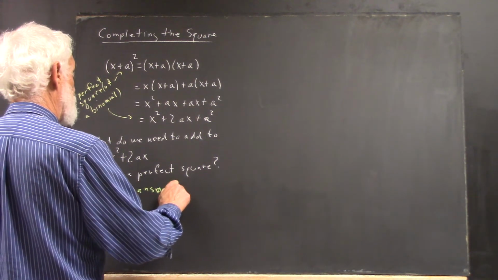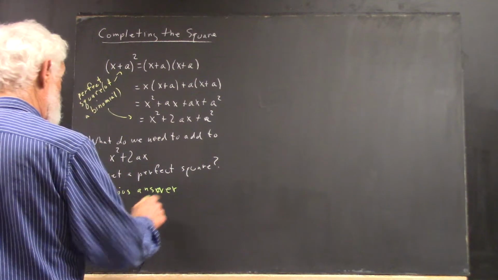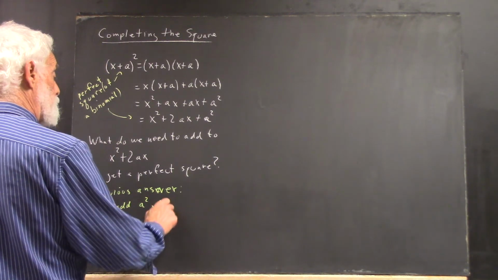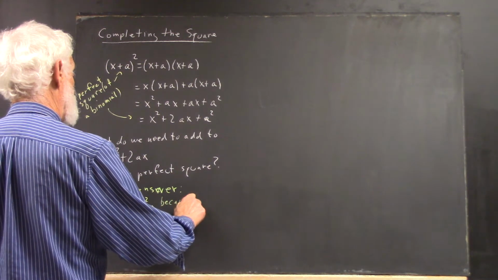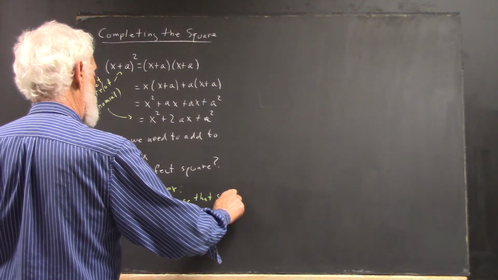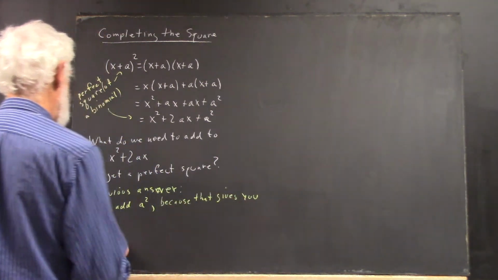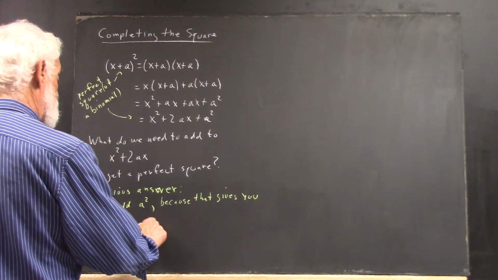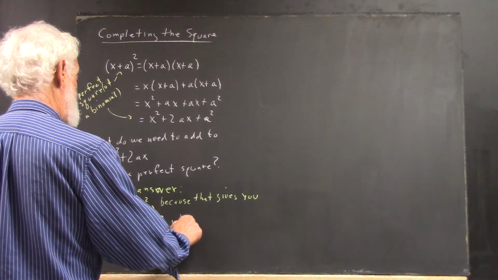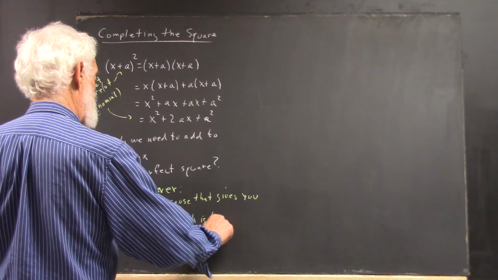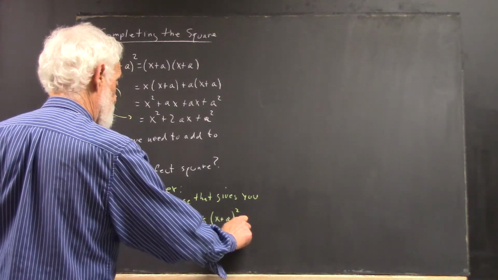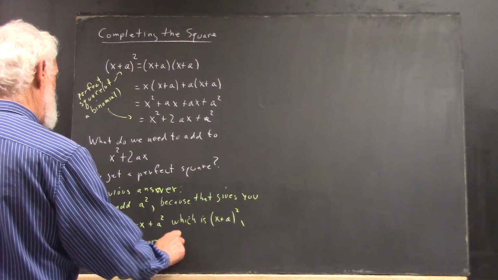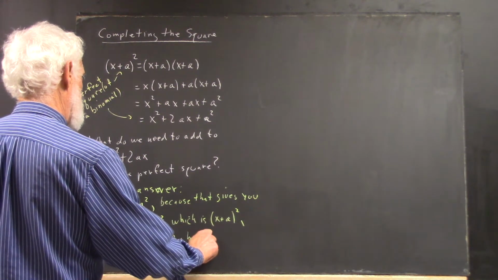The obvious answer is add a squared, because that gives you x squared plus 2ax, which you already have, plus a squared, which is x plus a squared. And that's the square of a binomial.